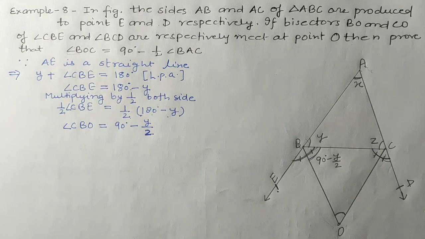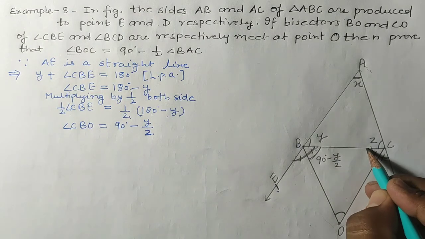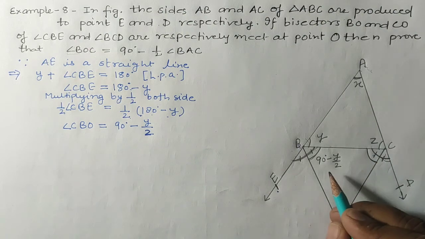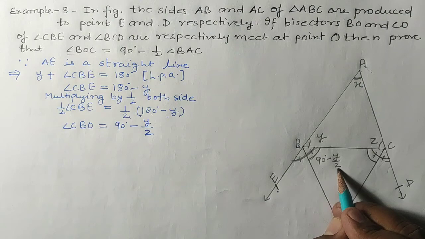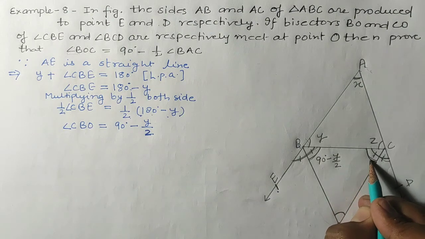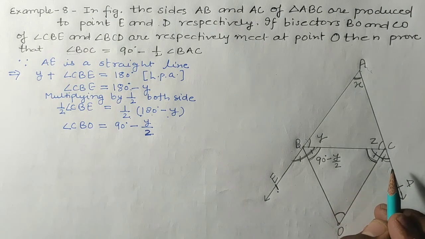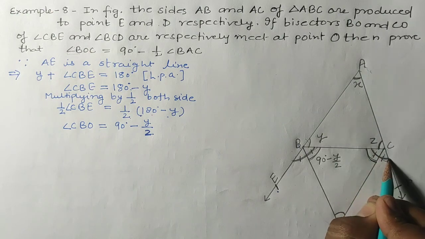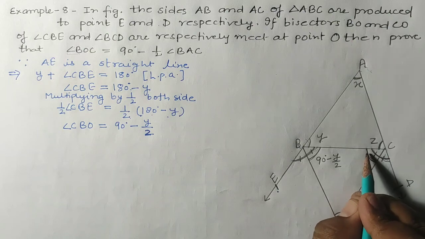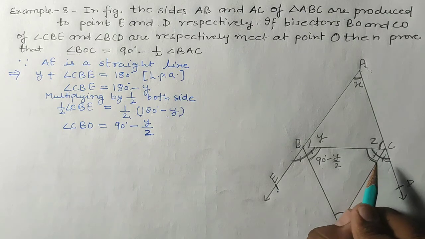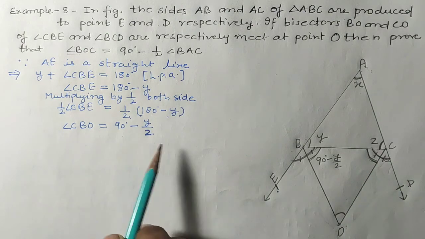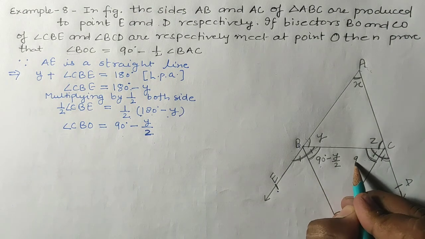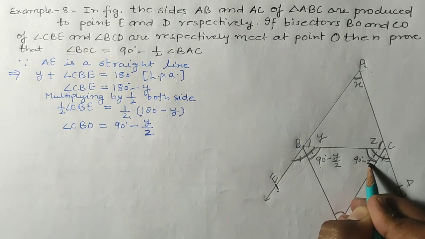Students, can we find this angle also? As we have found here 90 minus Y by 2, can we find this angle also? Yes. How can we find it? See, this is Z, then the rest of the angle will be 180 minus Z, and then this angle will be half of 180 minus Z. By proceeding with the same steps, it will be 90 degree minus Z by 2.